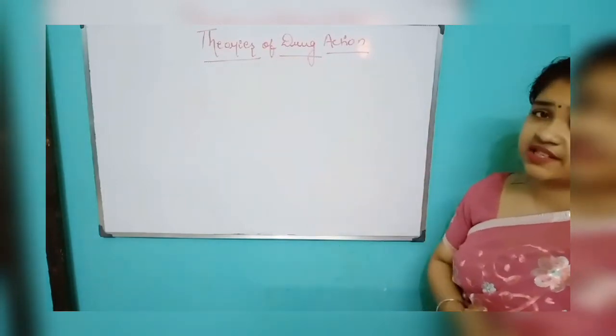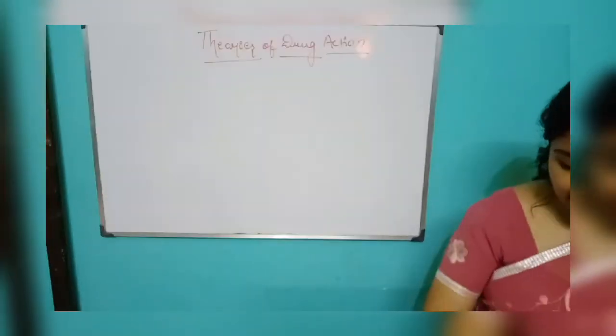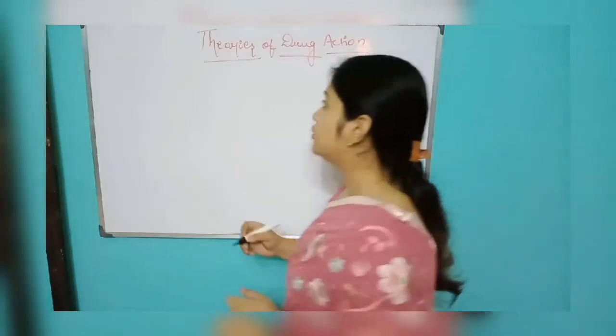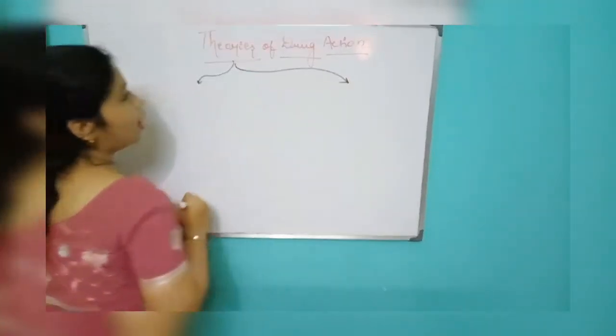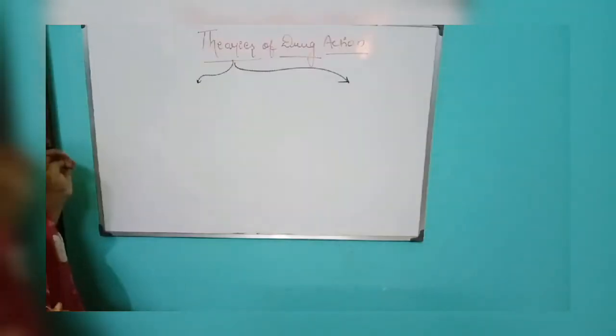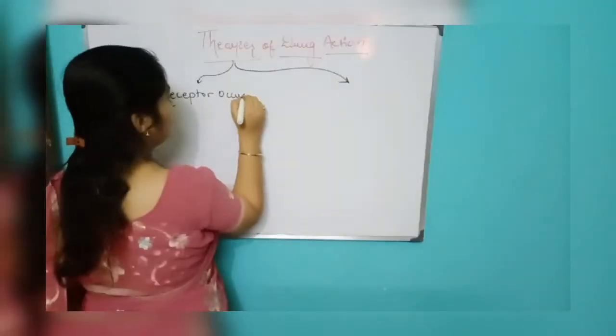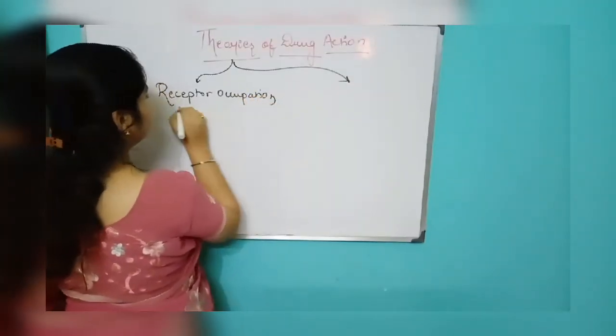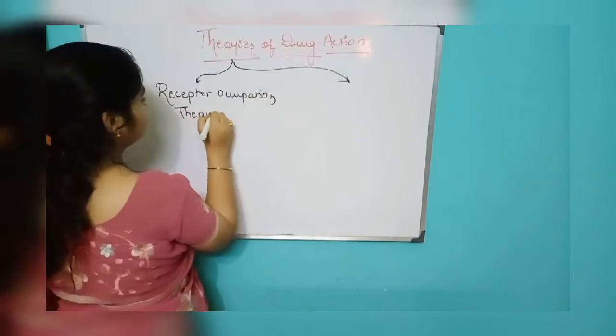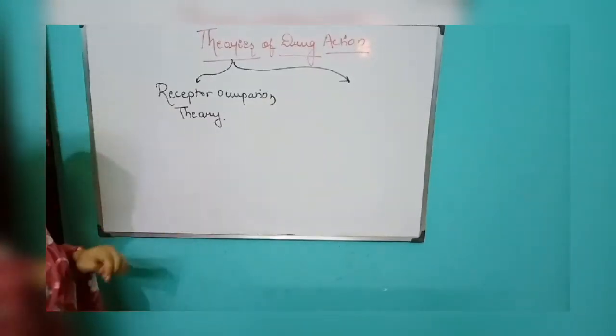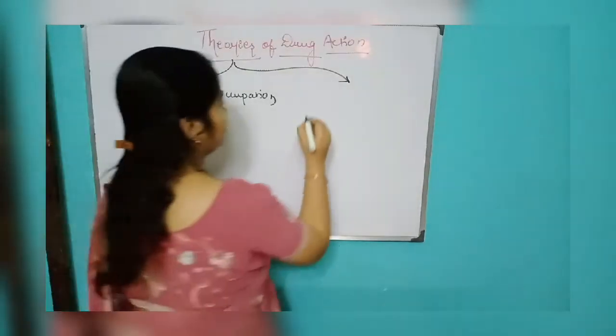What are theories? See, there are two theories. The first is the receptor occupation theory, and the second is the two-state receptor theory.